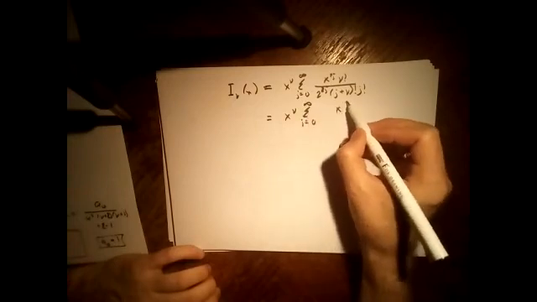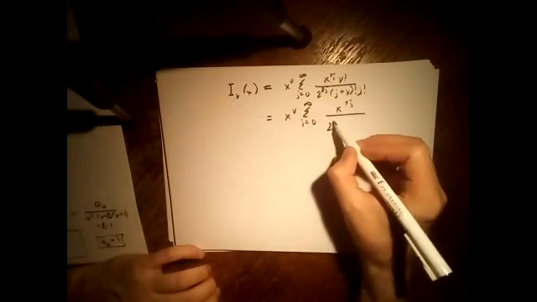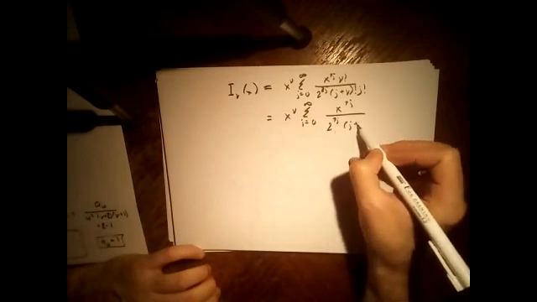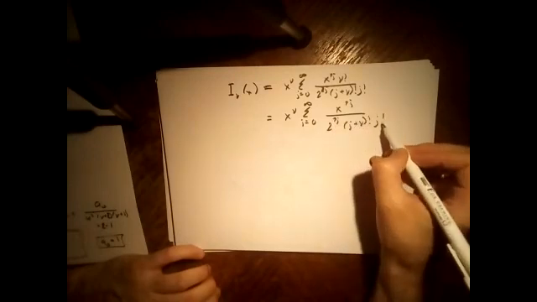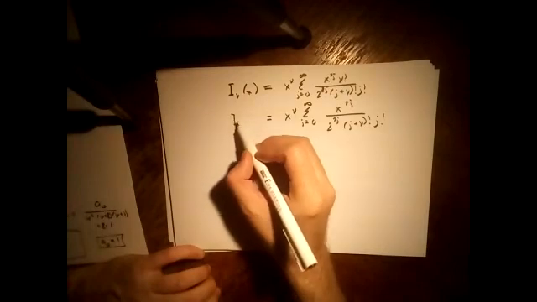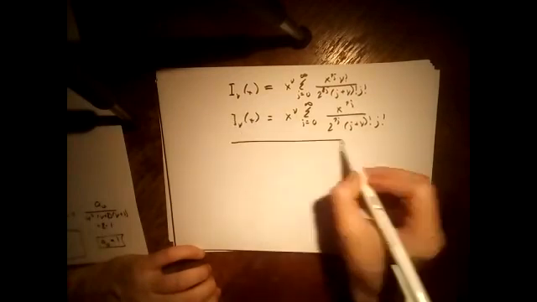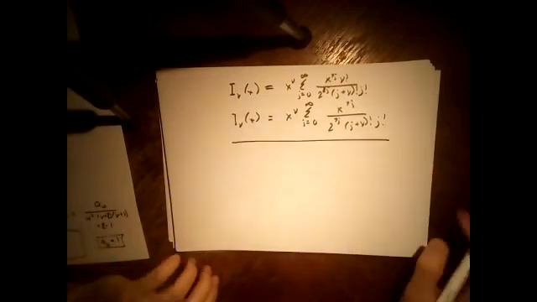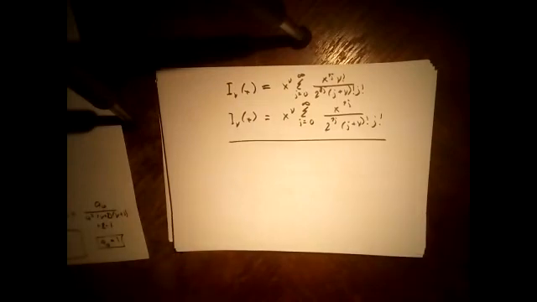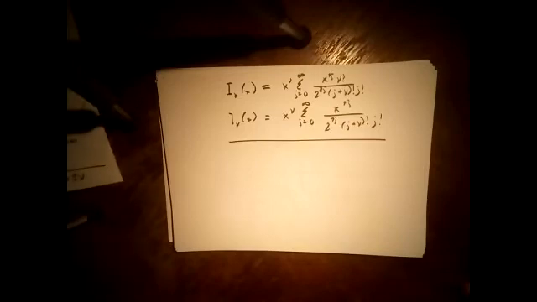So x to the 2j divided by 2 to the 2j, (j plus nu) factorial, j factorial, is I nu of x. Let's take this to be the definition of our Bessel function. Now we're home, and we can go back and build up our entire solution.